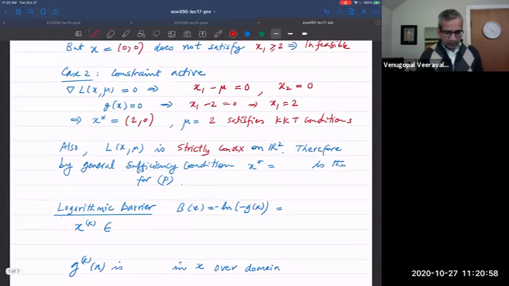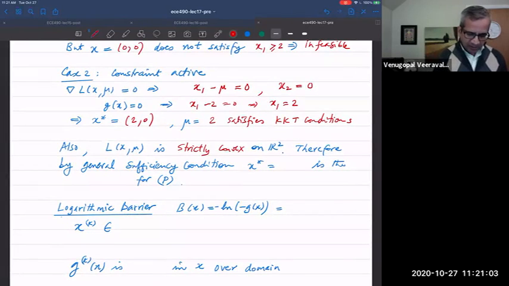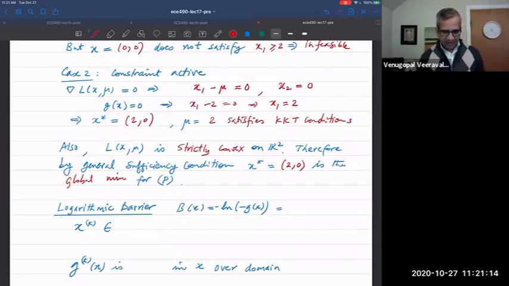So the sum is a strictly convex function. So by the general sufficiency condition, this x star is the global minimum for the problem.